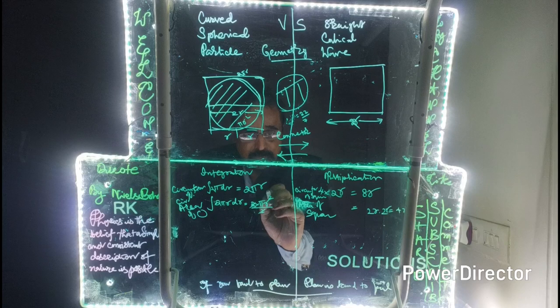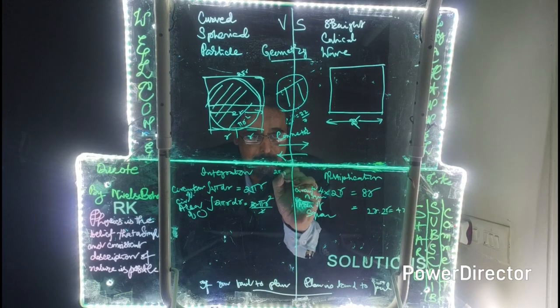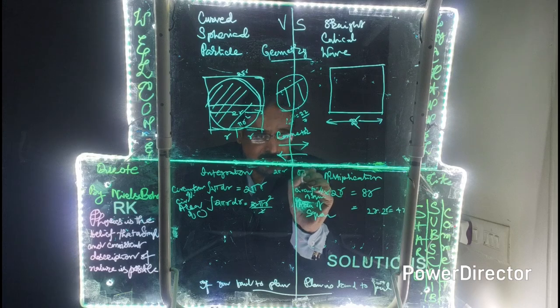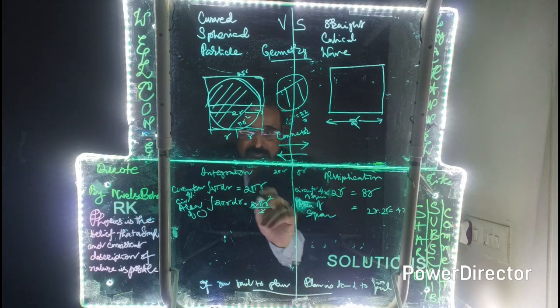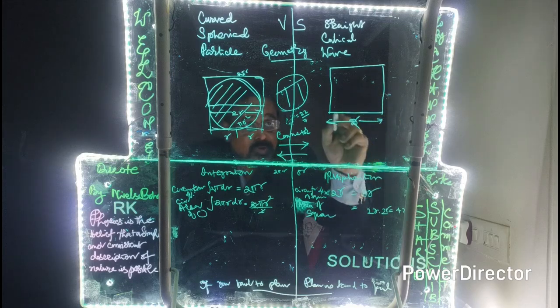Right? So if you compare these two, 2 pi r and 8r. This 2 pi r is equivalent to 8r here, 2r four times.